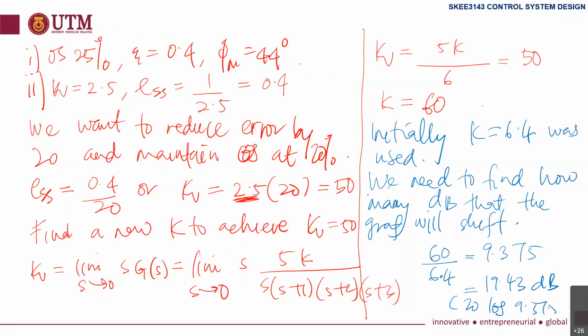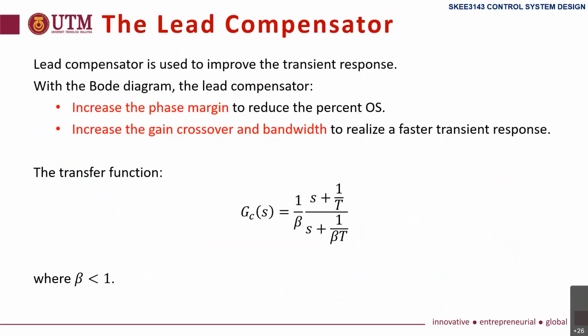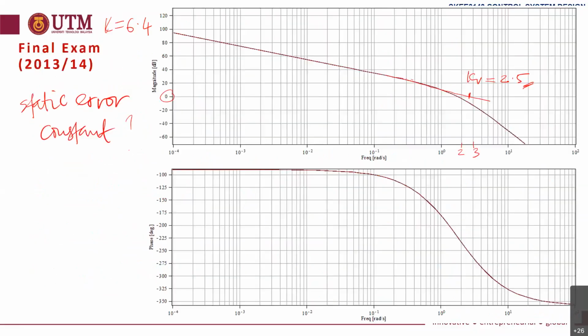So if we take the log, we get 19.43. This means that all the magnitude will be shifted up. So when we increase K, it will be shifted up by 19.4 dB, about 20 dB. All will be shifted. So now, what we will do is modify this graph.